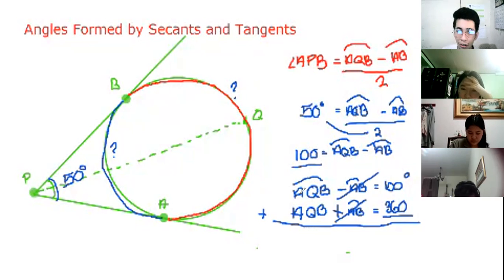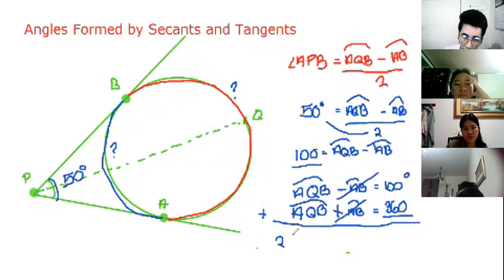Maka-cancel out yon. Ito naman, arc AQB plus arc AQB magiging 2 AQB siya. Magiging 2 AQB is equals to 100 plus 360. So, this is 460.